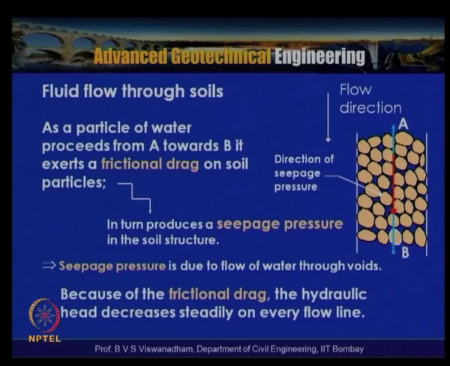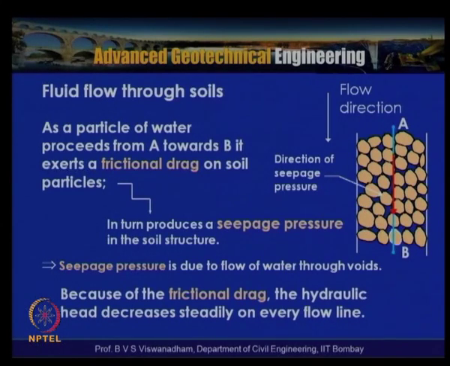In turn, this frictional drag produces a seepage pressure in the soil structure. Sometimes if the seepage pressure is excessive, it can lead to a failure of a geotechnical structure. So seepage pressure is due to the flow of water through the voids. When the water is flowing through the voids, the seepage pressure is generated because of the frictional drag exerted by the flowing water onto the soil solids.